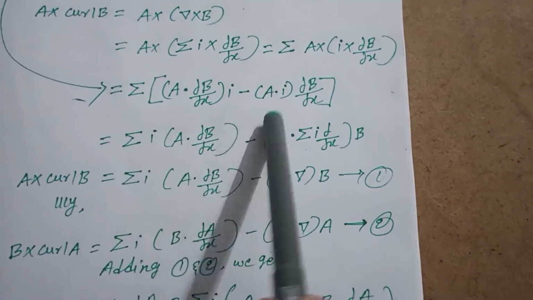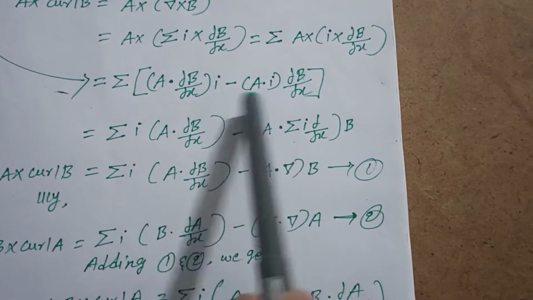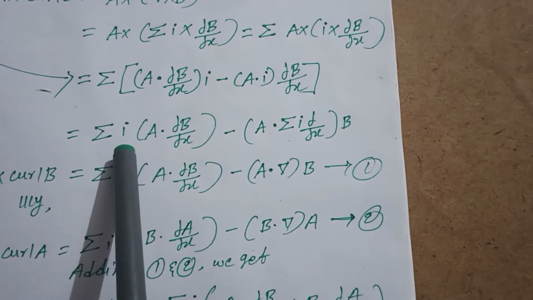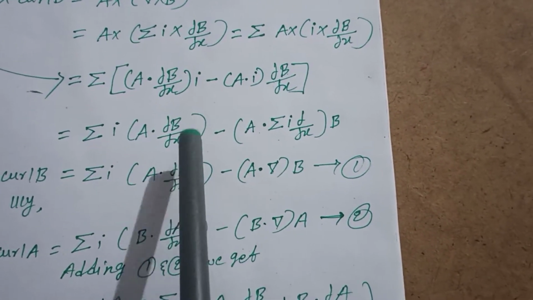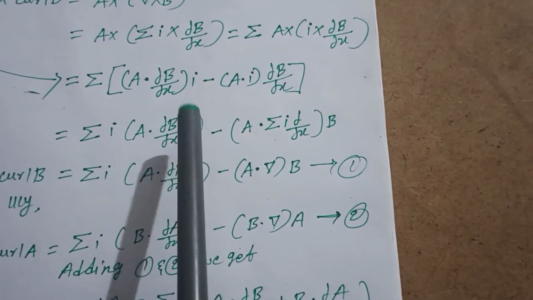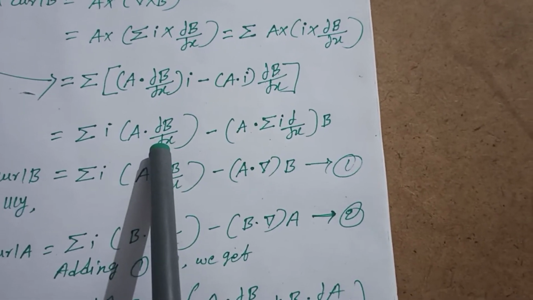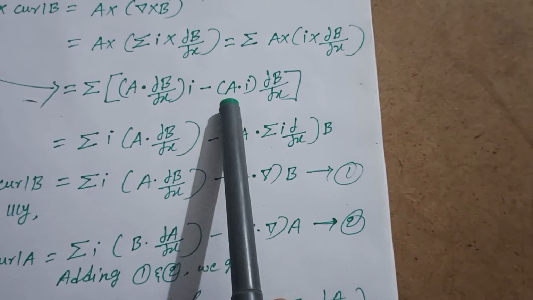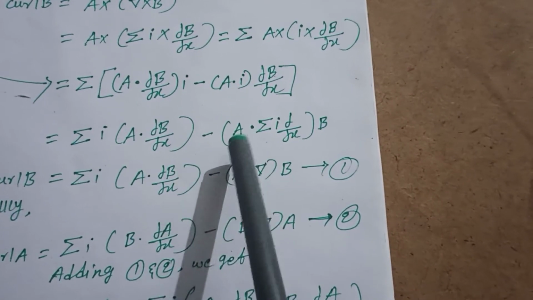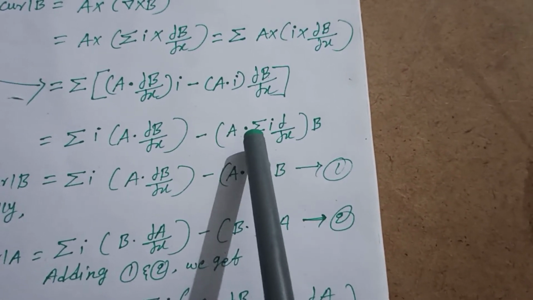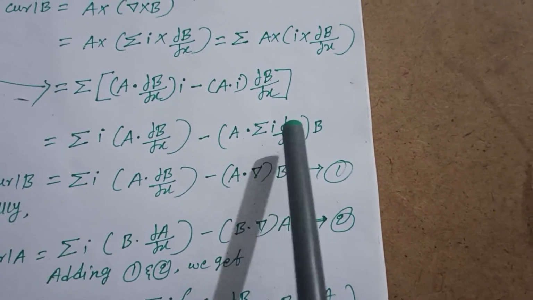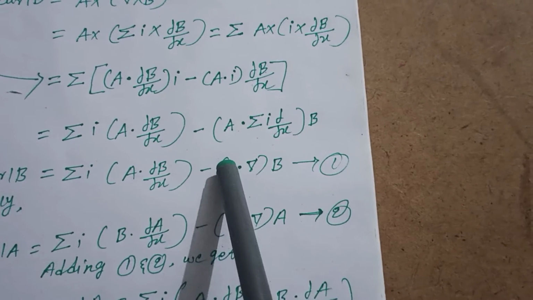Now summation is applying for both. So here the summation is written here: dou i into A dot dou B by dou x. We are writing this term as same as it is. So here A is a scalar, no? Not a scalar, a vector, no? So that's why we are not applying summation for this one. So dot summation i, here B is written outside, summation i dou by dou x, B is written outside.